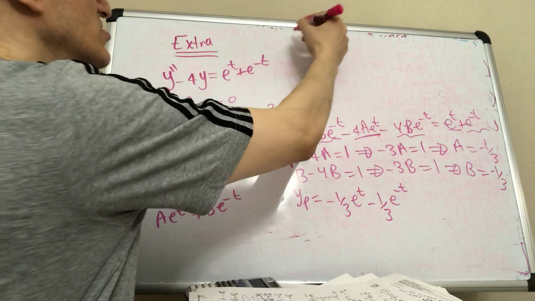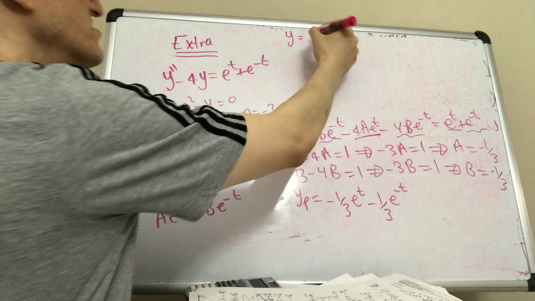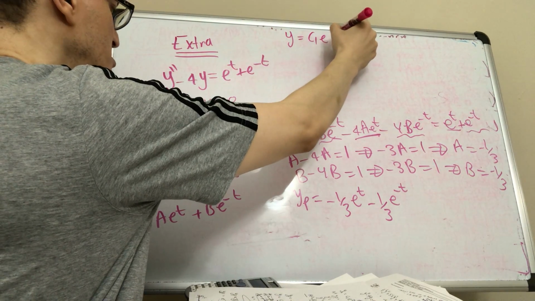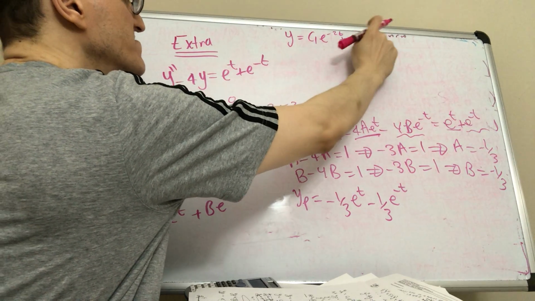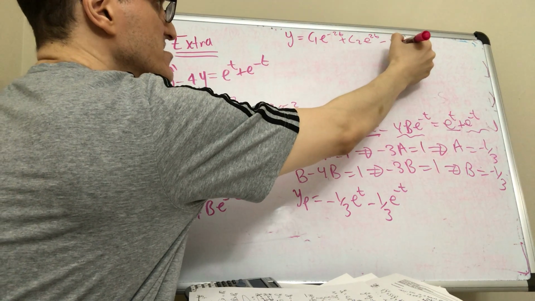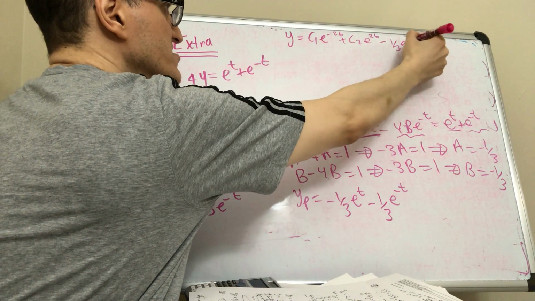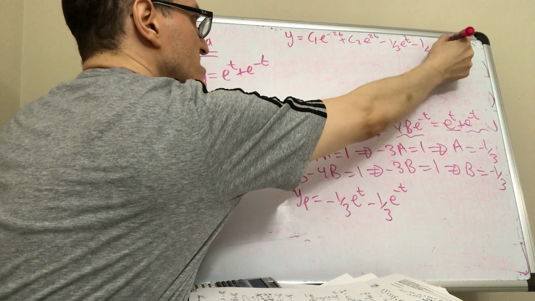So your final solution, you take the homogeneous C1 e to the negative 2t plus C2 e to the positive 2t, negative 1/3 e to the t, negative 1/3 e to the minus t.